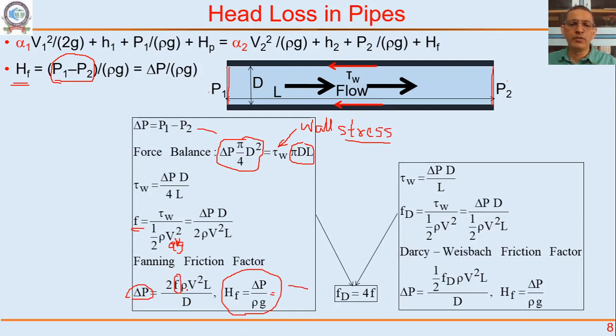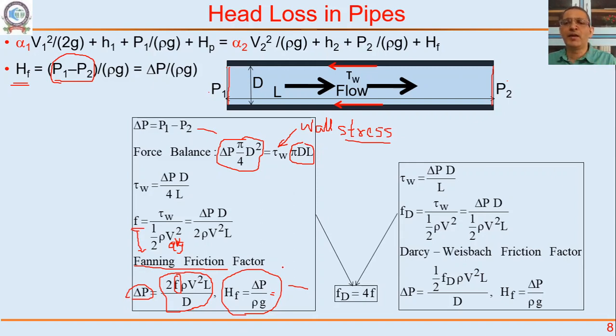I can use this equation for any density of the fluid, any velocity of the fluid, any length of the pipe, any diameter of the pipe. Otherwise, I will have to give you friction for all kinds of fluids, for all kinds of pipe lengths, for all kinds of diameters, and so on and so forth. So this friction factor defined in this manner is called as fanning friction factor.